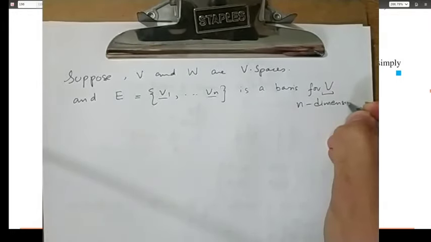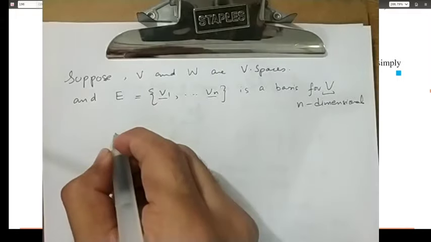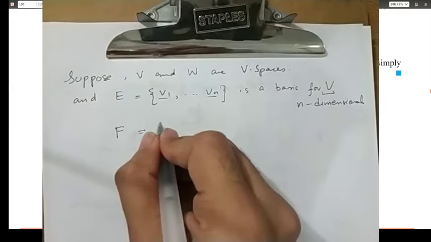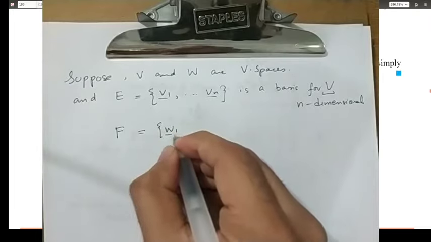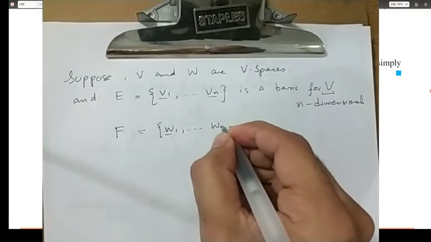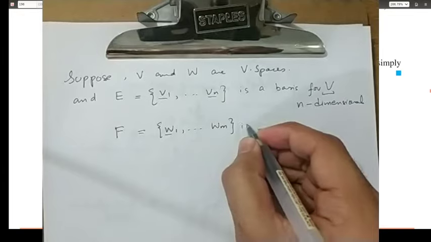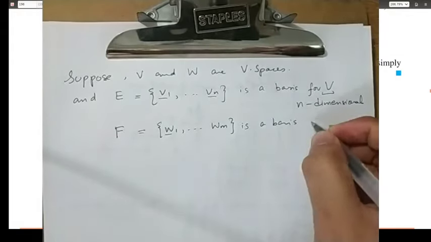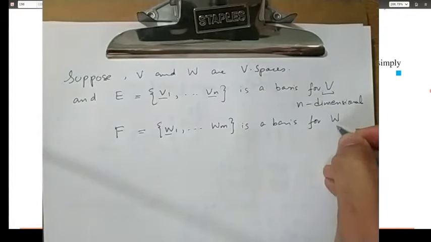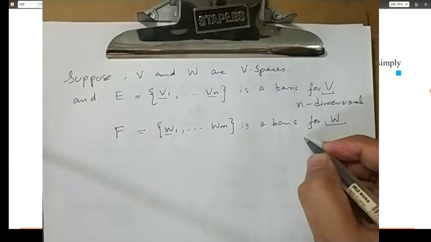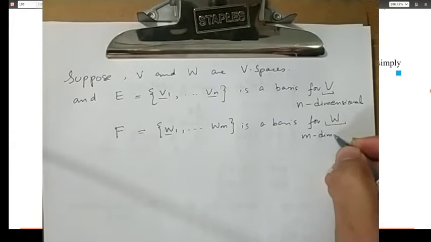And let's suppose we have another basis F, w1 to wm, which is a basis for the vector space W. So W is m-dimensional.